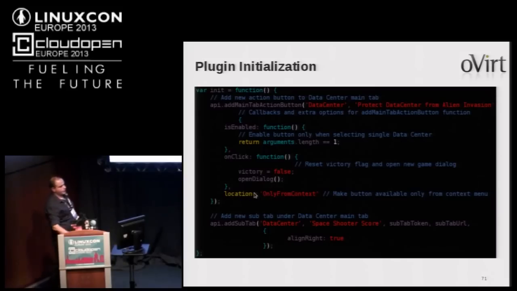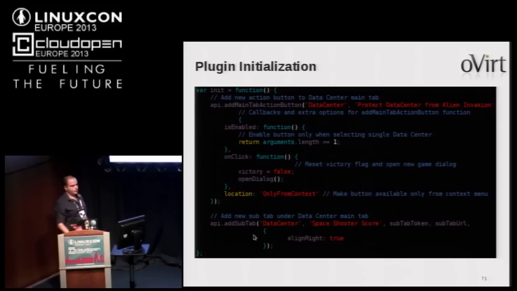Now the location I wanted for my action button was only in the context menu because I don't want my boss to see that I can play alien invasion during my work hours instead of managing his data center. So I don't want it to be seen up there, so it's just in the context menu when you right click.